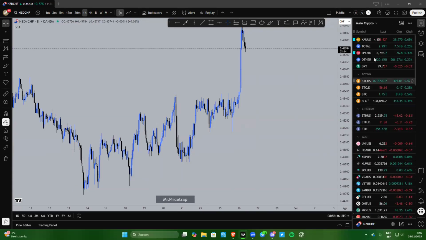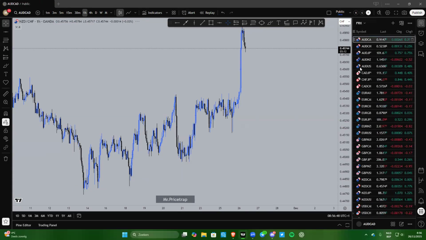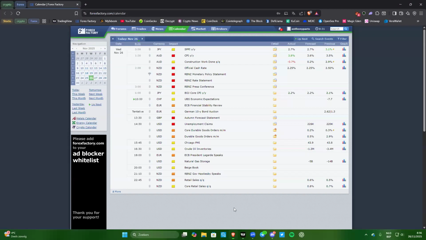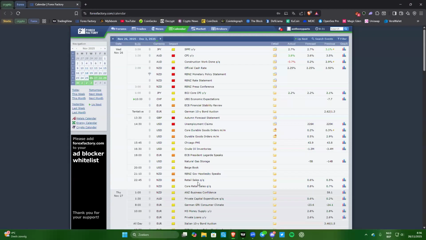Good. Let's check what we have for today. Before I check what we have for today, I'm gonna check the news. So what do we need to pay attention to? First one, 2:30 and 1:30, the pound and the USD. Also, the president of the European Central Bank is going to speak at 6.